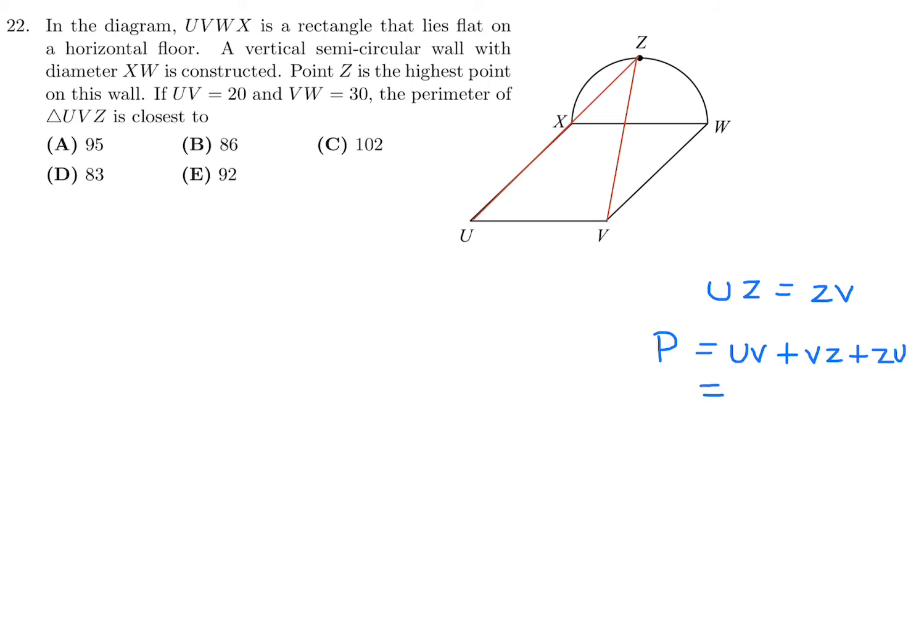And UV we know, that's 20. And therefore, I really just have to figure out 2 times VZ, since ZU is equal to ZV. All right, so we just have to calculate this distance right here, and then we'll be done with the question.